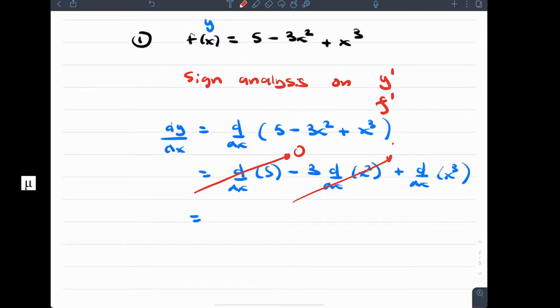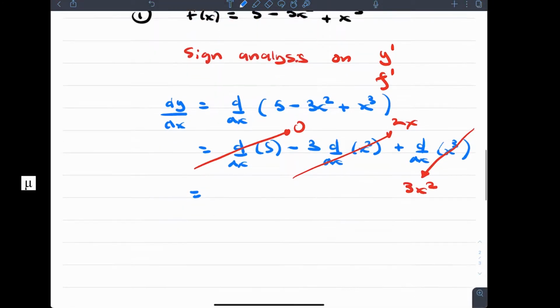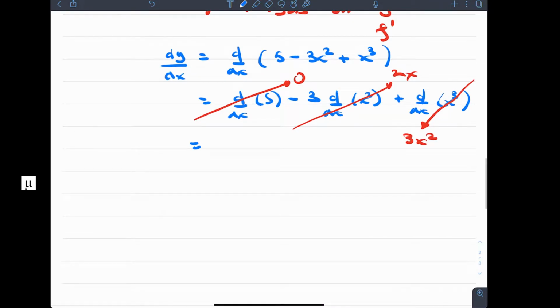What's this? 2x. What's this? 3x squared. So you get y prime to be what? Minus 6x plus what? 3x squared. Okay, so on a test, of course, I'm always looking for, can you get a derivative? All right, you guys okay with that?